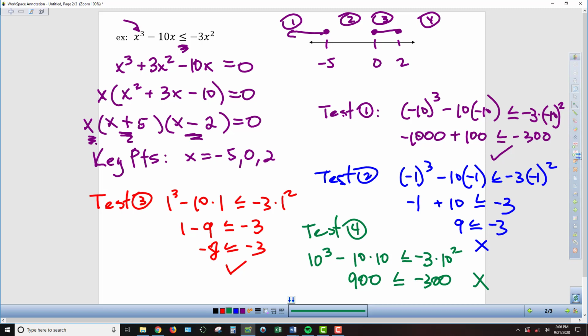And so my last step here is I've got to write the algebraic answer. It's not enough to just get the number line. I also want to write the answer in algebra. I'm going to write it in order of how I see it on the number line. So for this part here, I've got x is less than or equal to negative 5.